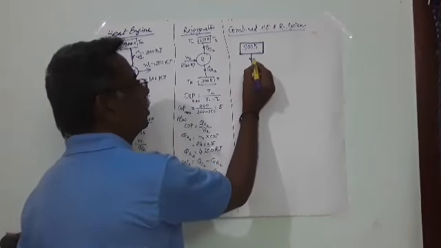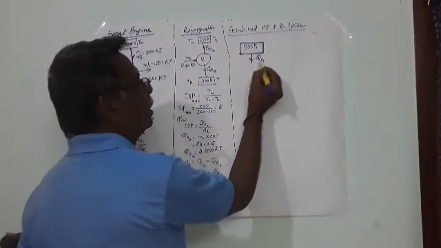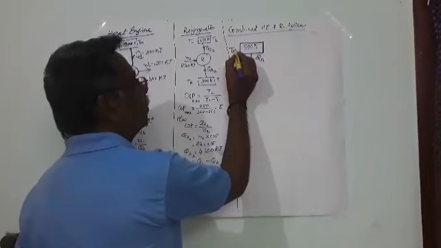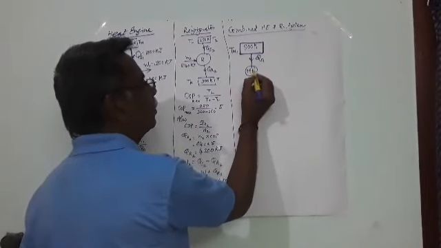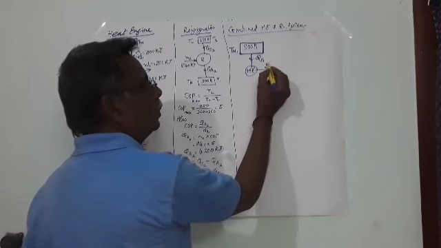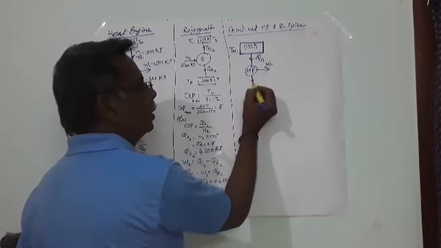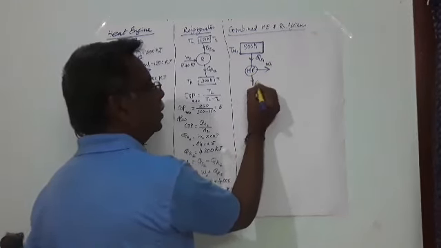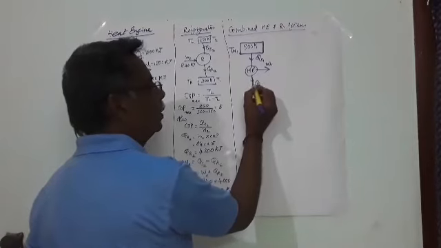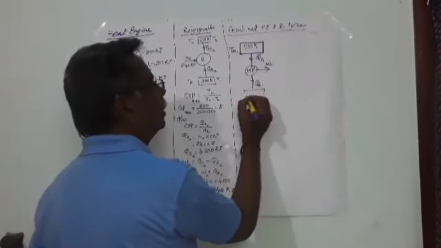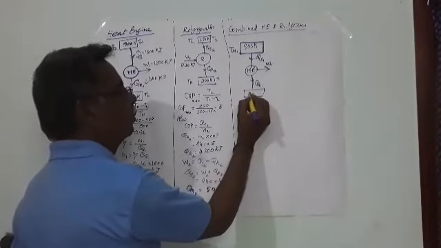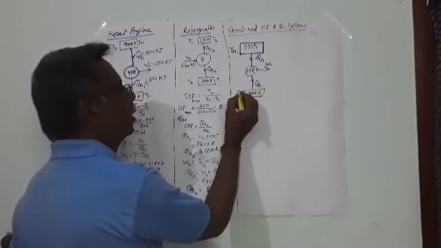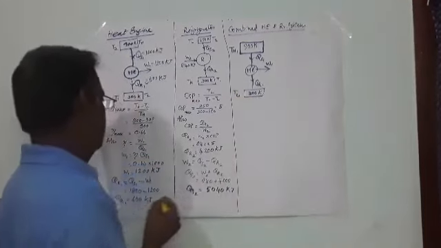900 Kelvin, this is QS1, this is heat engine, work output W1, heat rejected to the sink QR1, this is sink which is at the same temperature 300 Kelvin. This is TL.